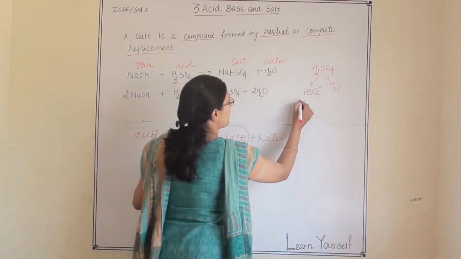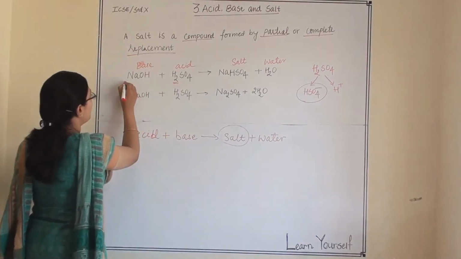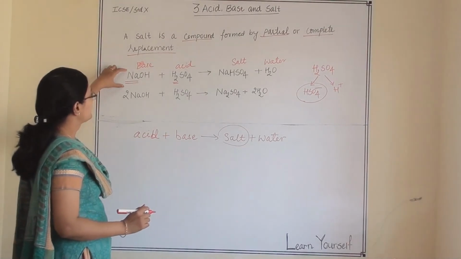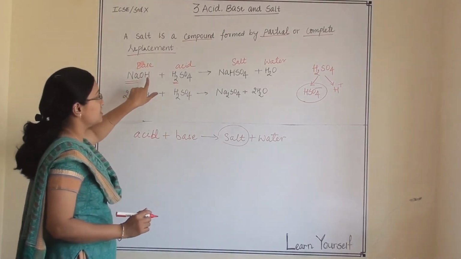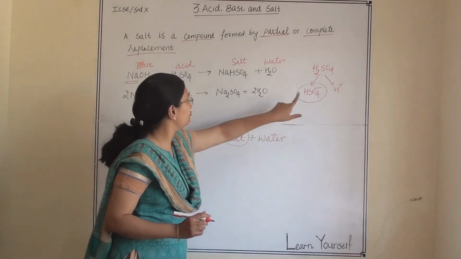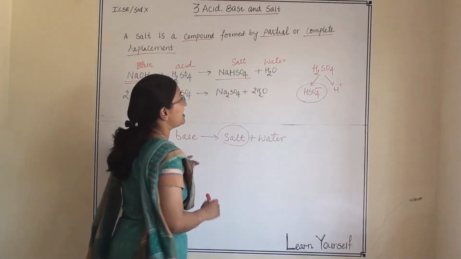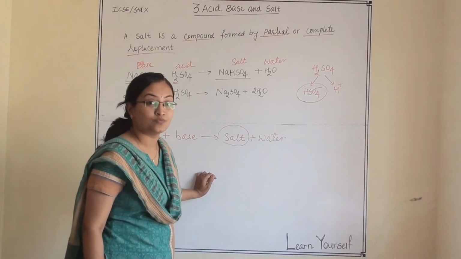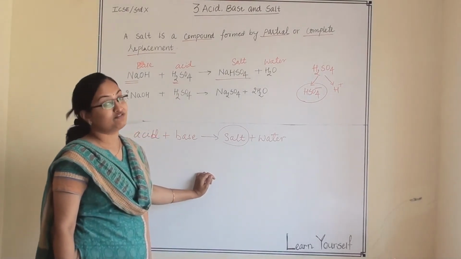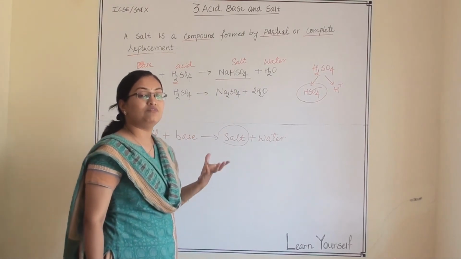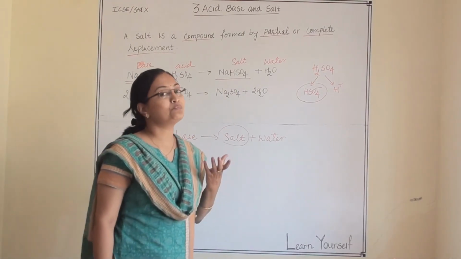So this HSO4 minus will combine with Na plus. From here we will get Na plus and OH minus. So we will get here NaHSO4, sodium bisulfate. Whenever H is in the middle, we will call it bi, sodium bisulfate.